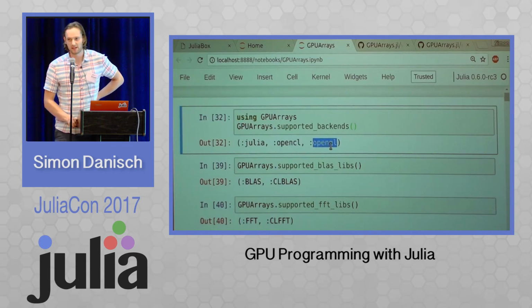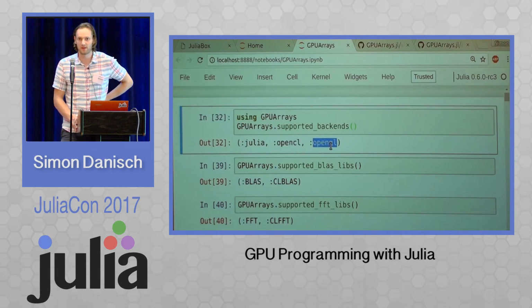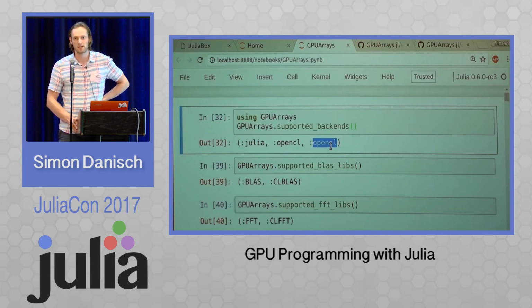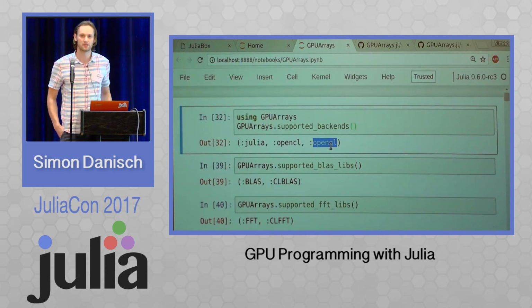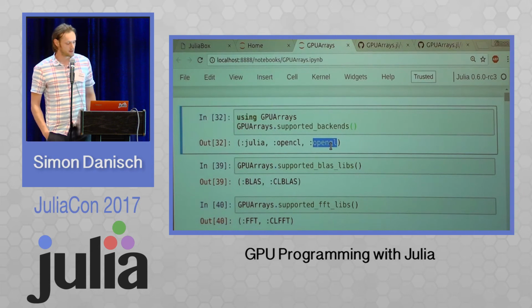I will talk a little bit more about the OpenCL backend later in my talk. The OpenGL backend is pretty interesting for myself. You probably know I'm working on GLVisualize and on graphics a lot, so I really want to have an array package that works nicely together with OpenGL. And this enables that for me.